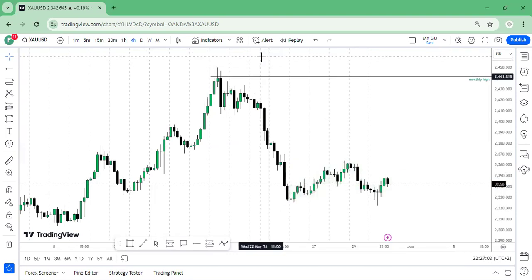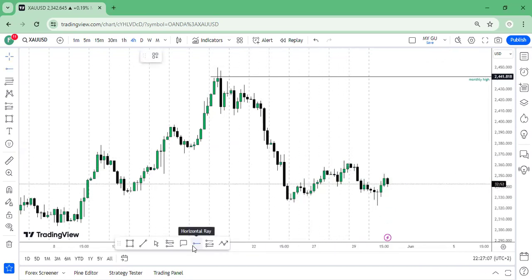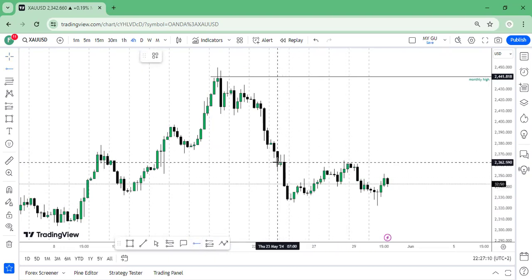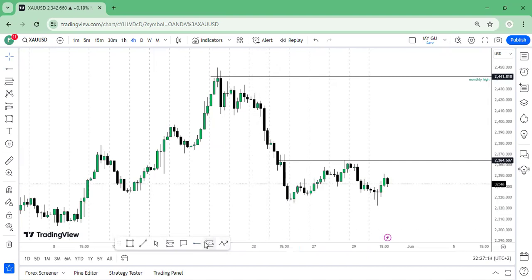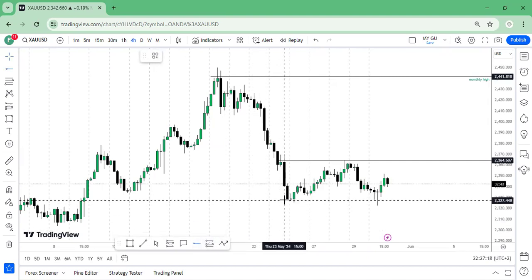All right. So since price is right here, what are we going to do? What do we see? I see a lovely high. I see a lovely low. So yes, these are my zones on the 4-hour time frame.